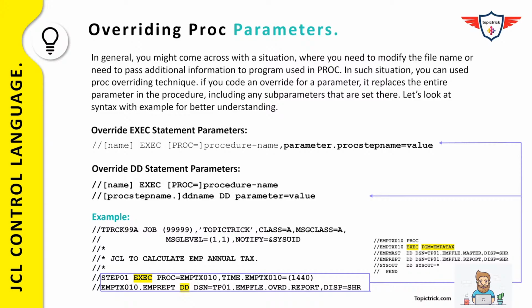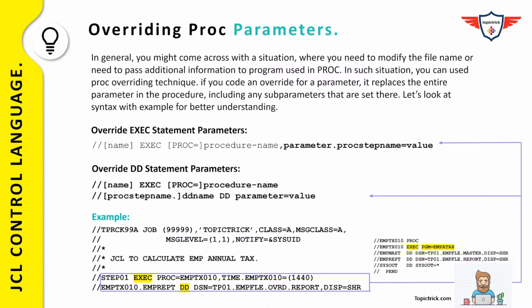And in the next step, I've overridden the DD statement. If you notice, EMPREPT is an employee report, and if you look at the catalog procedure, it has a DSN name of tp01.employeefile.report. In my JCL, I've just replaced the name with a different file.